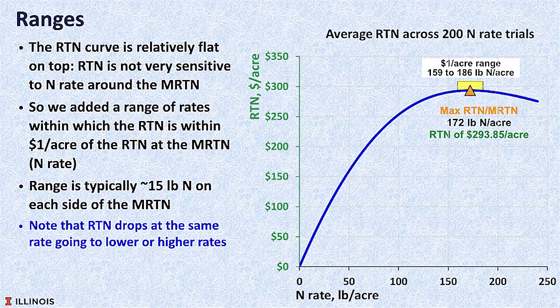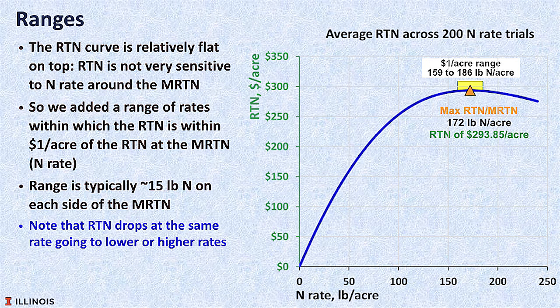So we just take those, then crunch them together, and so we average those 200 trials in this case, and we get one master curve. And you can see here that this shows 172 as the optimum N rate for these curves, and it also has a range around that optimum.